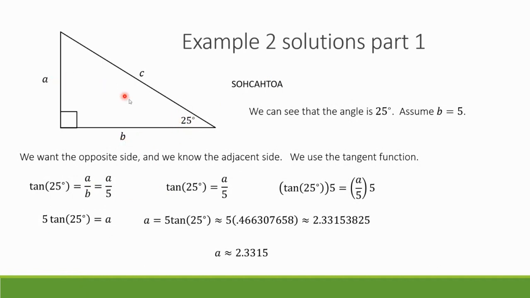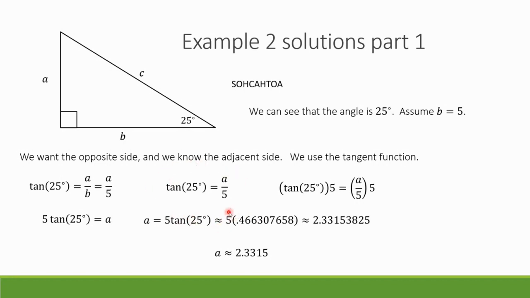Opposite divided by adjacent. So in this case, it's going to be A divided by B. But we know B is 5, so we get tangent of 25 degrees equals A over 5. Now, how are we going to get A?